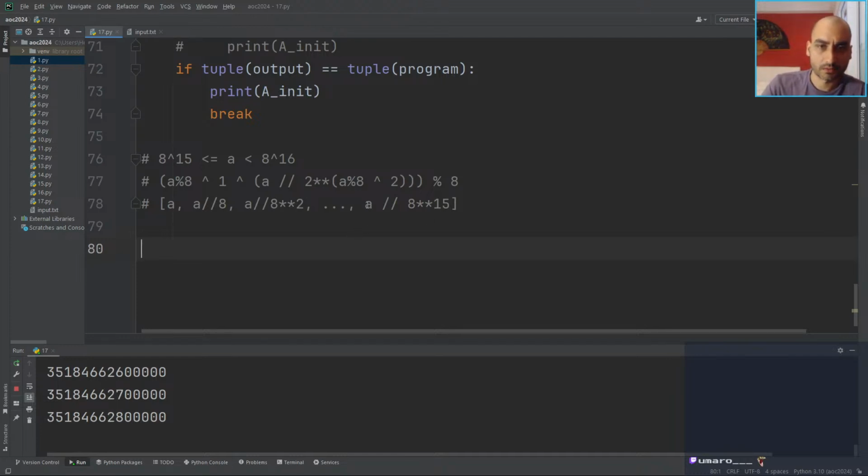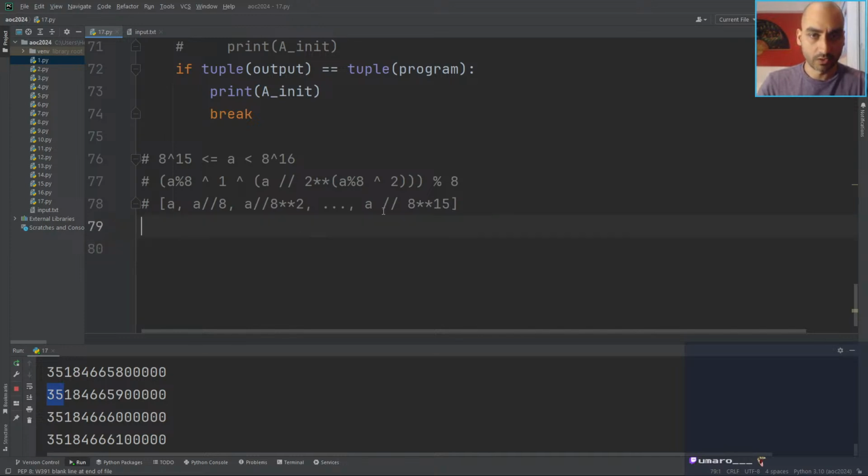So this is basically the first 3 digits of A after all those bit shifts. So maybe we can figure out what the first 3 digits should be. I mean, it's probably going to be 351, isn't it? Let's see if this theory holds somewhat.